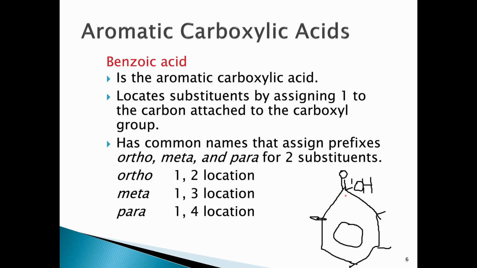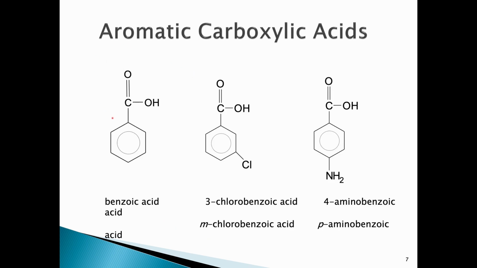If it's on the 1 and 2nd carbon, it is denoted by your ortho or O. Your 1 and 3rd carbon is denoted by your meta or M. If your substituents were on opposite sides, and lastly, you have your 1 and 4, which is your para location or your P. So here are some examples of your aromatic carboxylic acids.